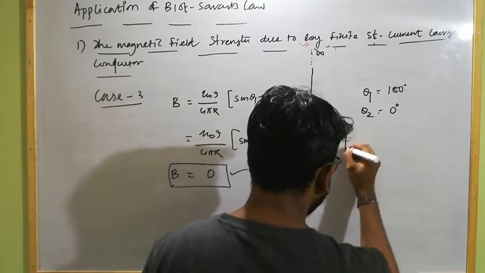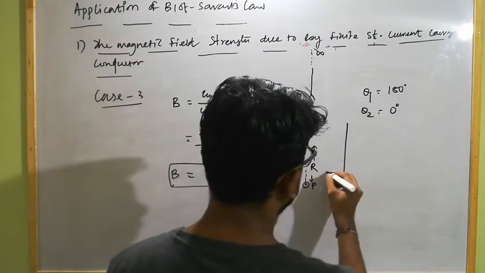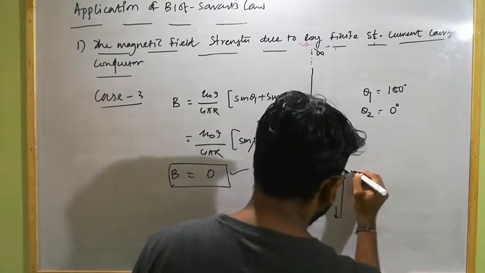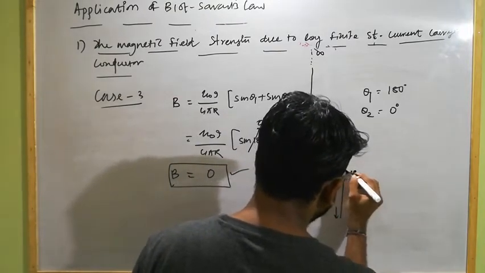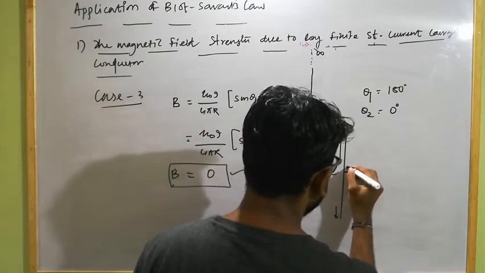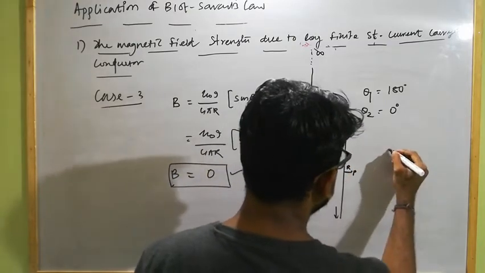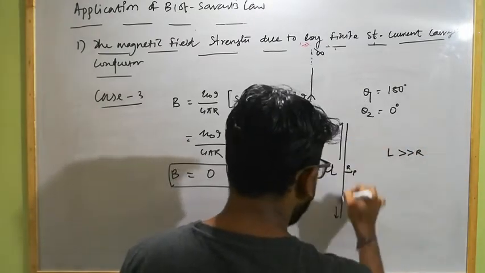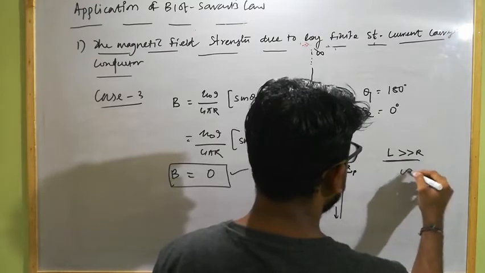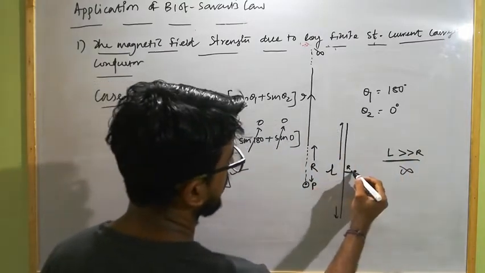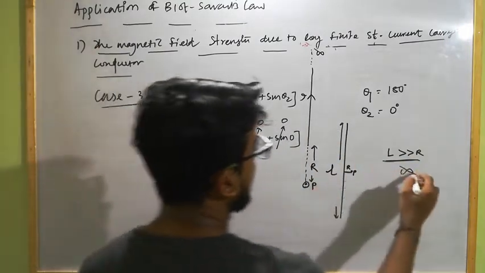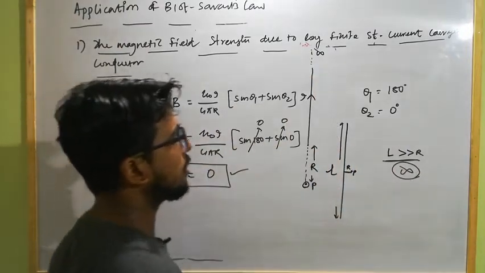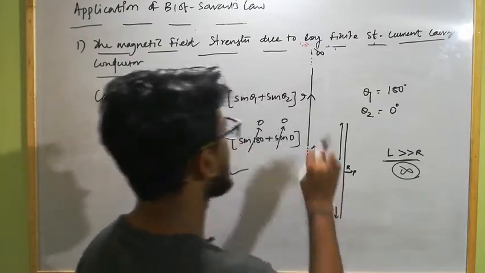For example, if this is a long straight current carrying conductor of length L, but the point of observation P is very close to it, at a distance R, and the length L is very large compared to R, then this conductor can also act as an infinitely long straight conductor for this point of observation P. That doesn't mean a conductor really exists from minus infinity to plus infinity.